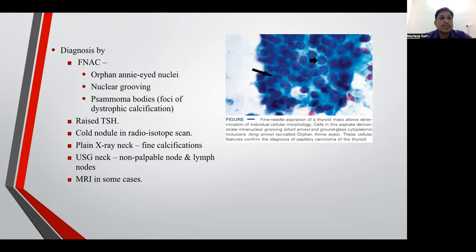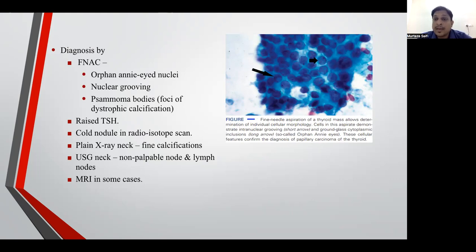Now, diagnosis of this papillary carcinoma. I told you FNAC is always the gold standard, or if it is not conclusive, then you can go for core biopsies. In FNAC, you will see Orphan Annie eye nuclei. Here in the figure you can see fine needle aspiration of the thyroid gland, which allows determination of the individual cellular morphology.